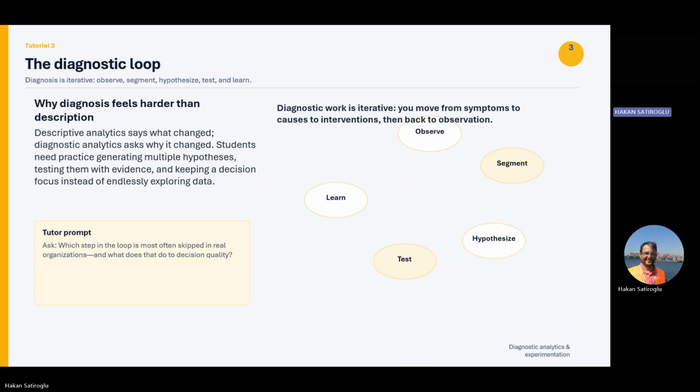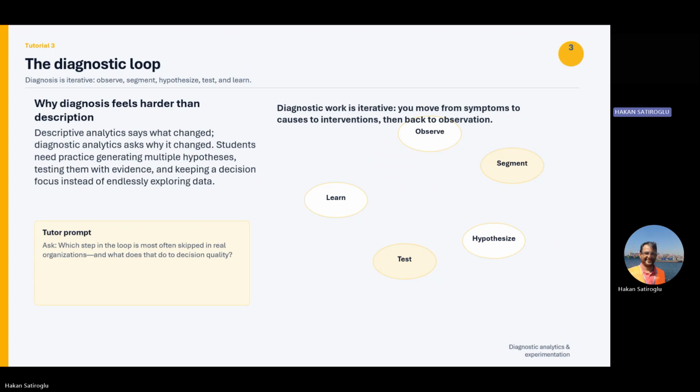Here I would like to explain the diagnostic loop in plain language. First, we observe the problem. Then we segment or drill down to find where it is concentrated. Next, we generate hypotheses about what may be causing it.